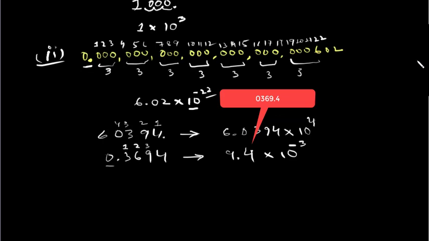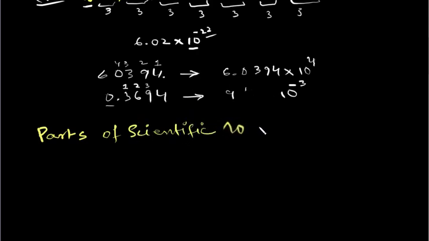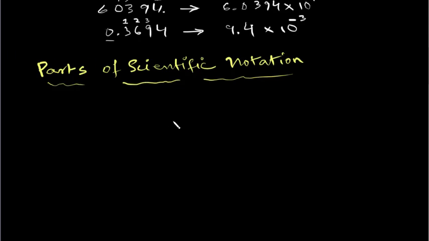Now moving further, we can have some parts of scientific notation, so we can write a heading, parts of scientific notation. Let's suppose I have a number 6.02 times 10 to the power 23.